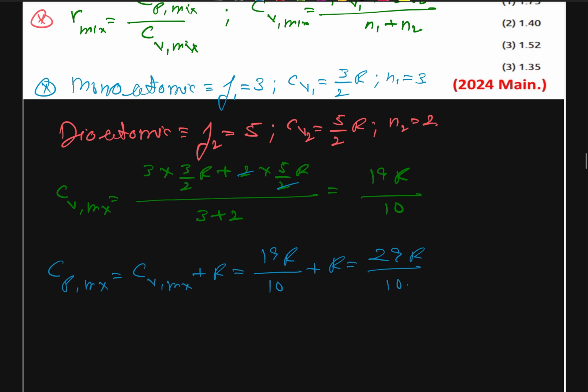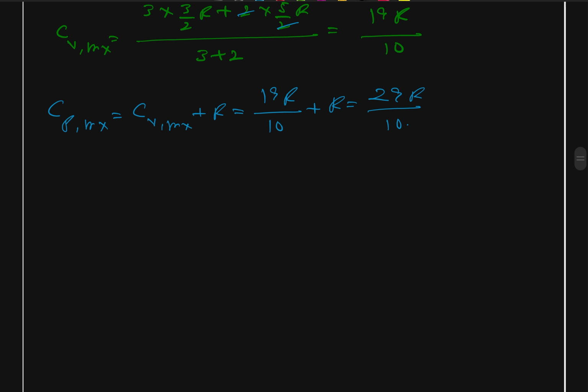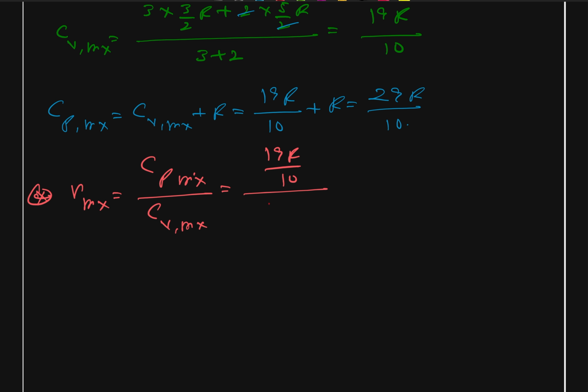So now we can just use the relationship that our gamma of mix will be equal to C of P of mix divided by C of V of our mix, which is equal to 29R divided by 10, 19R divided by 10.